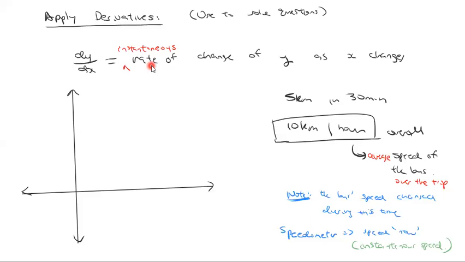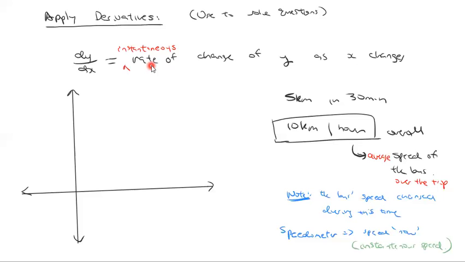Which could, but doesn't necessarily have to be, different to the average. Because for all you know, the bus could be going at 10 kilometers per hour right now as well. So we're not saying it's necessarily different to the average, but the concept is different. One's the thing right now, one's the overall.